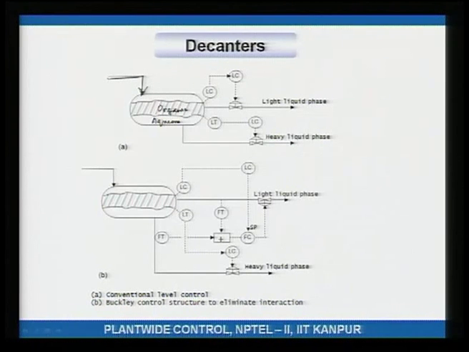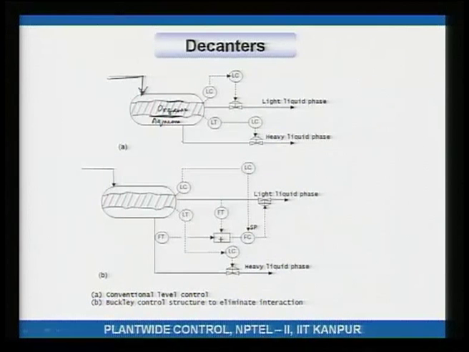The water is drawn out and the organic phase is also drawn out. Now, you are interested in maintaining this level as well as the liquid interface level. So, both the levels need to be maintained.